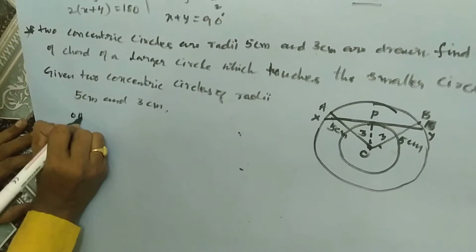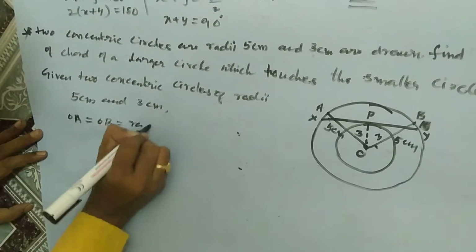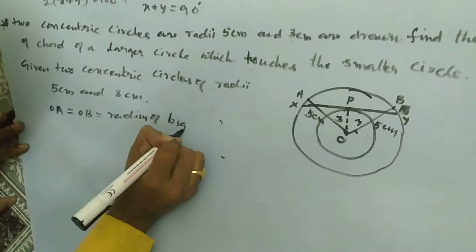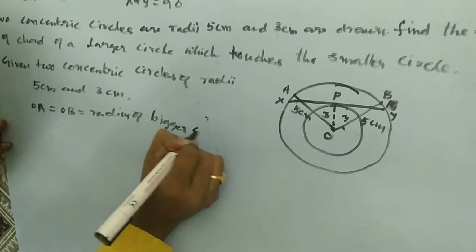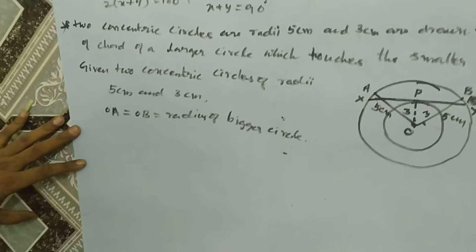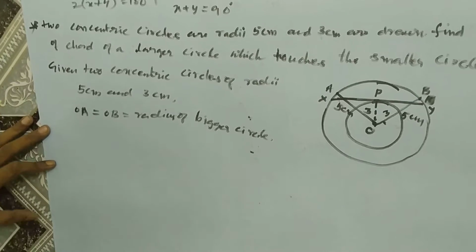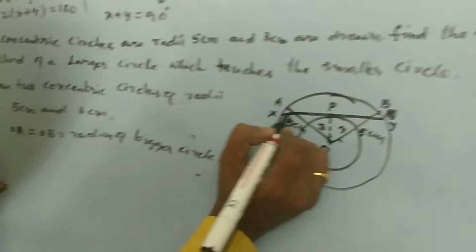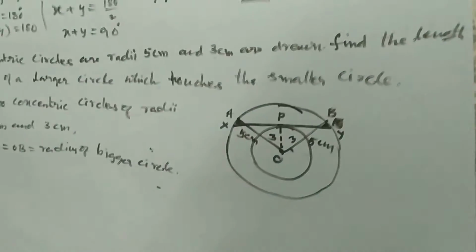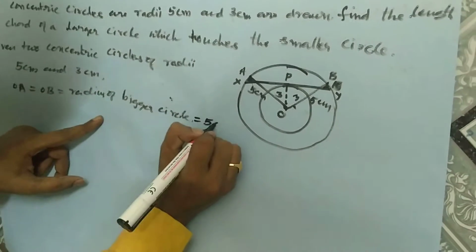OA equals OB equals the radius of the bigger circle, which equals 5 centimeters.